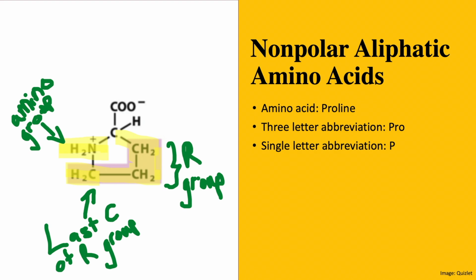The same applies to methionine as well, since it's the only amino acid that has a sulfur atom in the middle of the R group chain, if that makes sense. You might understand what I'm saying when we talk about cysteine, which is the other amino acid that has a sulfur group. So this covers all the nonpolar aliphatic amino acids.